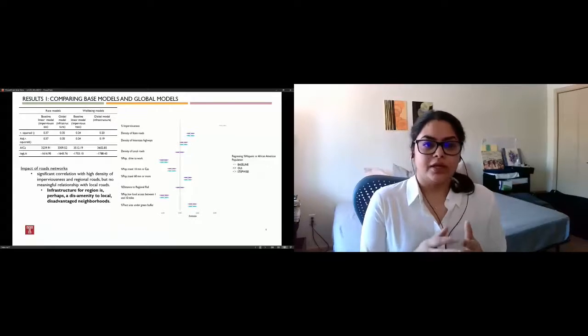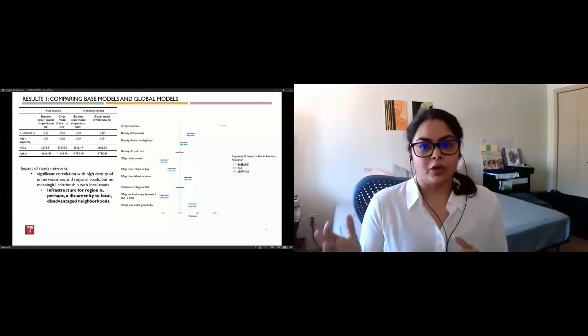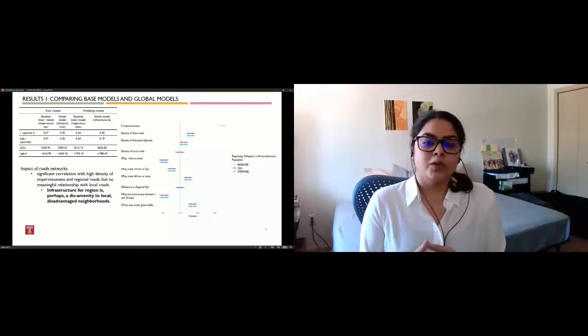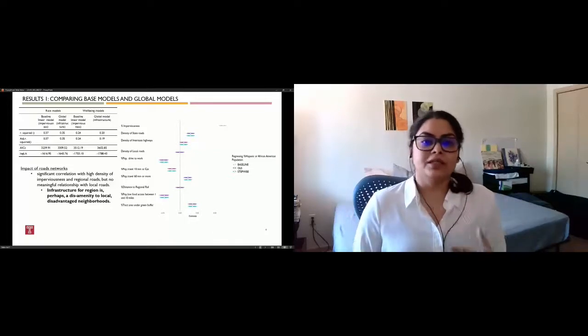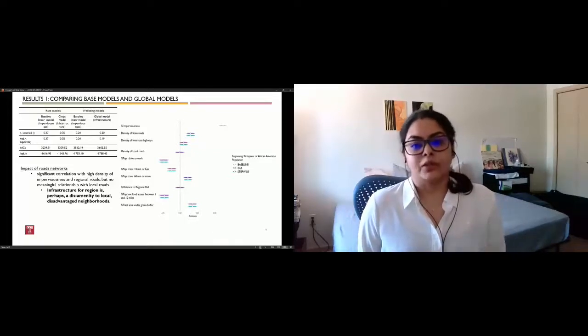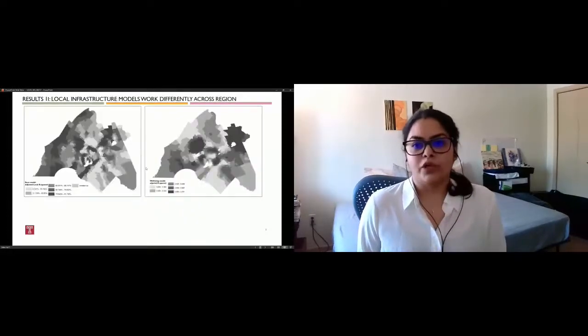And we also see that local roads do not have a lot of influence in both the models. So one of our findings is that perhaps infrastructure which services the larger region is a disamenity to local disadvantaged neighborhoods that needs to be looked at more carefully.